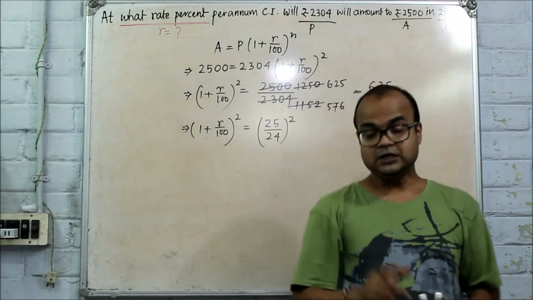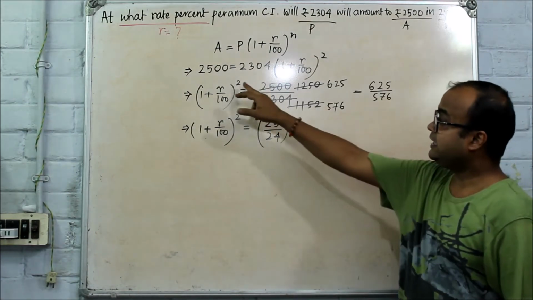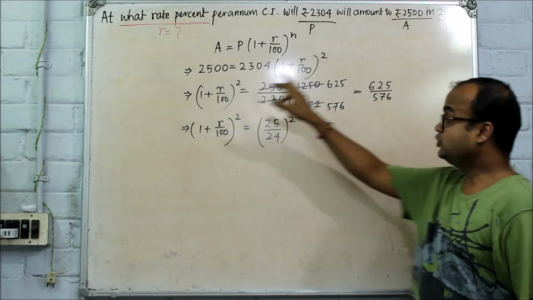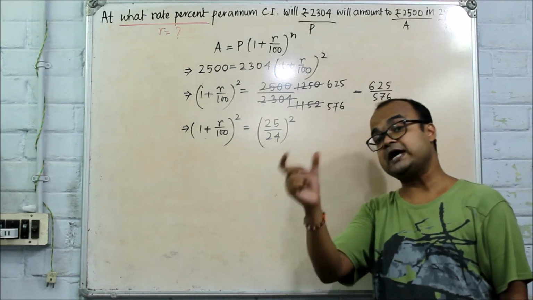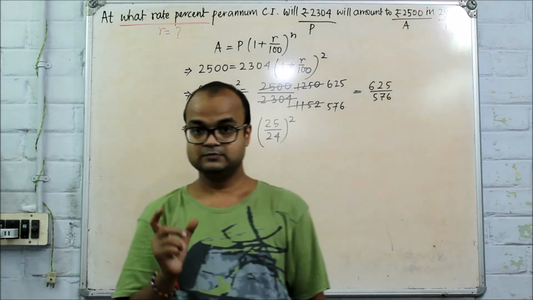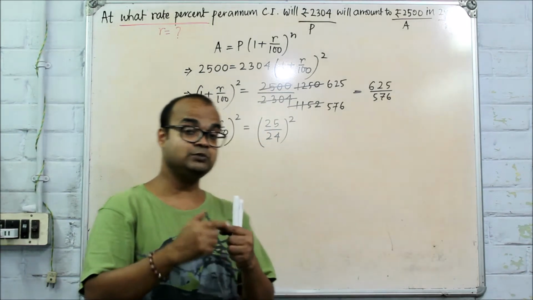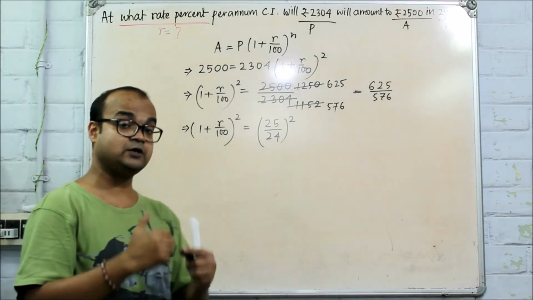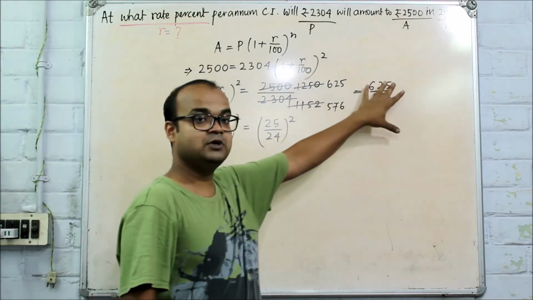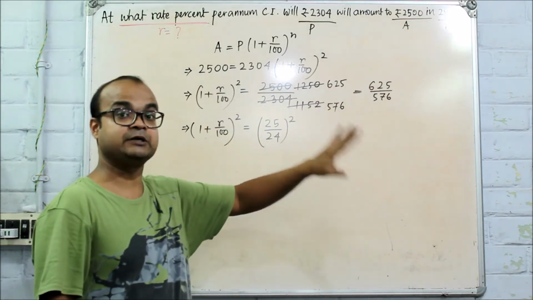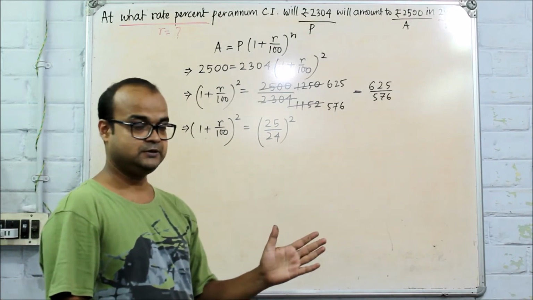Clear? Now you need to remember one thing. Here square is there. So in this part you will get some term which is the square of some natural number. Square of both numerator and denominator should be square of some natural number. Suppose if it will be cube, so we will get some number where numerator and denominator both are cube of some numbers.